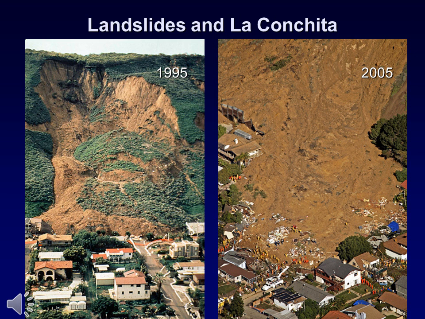This example of a landslide is in La Conchita, California, which is a coastal California town hit by landslides, one earlier in the 1980s and then these two, one in 1995 and one in 2005. It's the same area or adjacent area with identical settings in both occurrences.